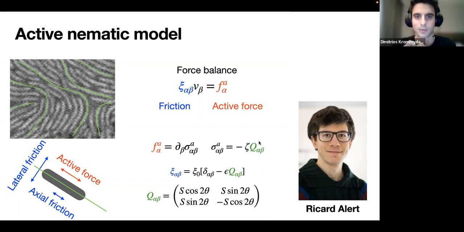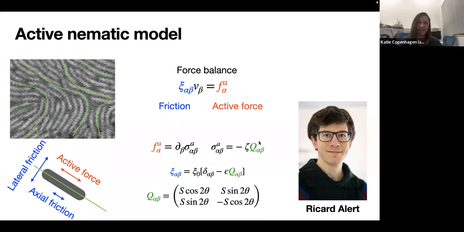Right, but the defects have their own director field around them. Yeah, and they have a strong distortion on the liquid crystal. So is there any other force other than that, or is it just the active force? In order to understand the layer formation, at least, all you need is this friction and active force.